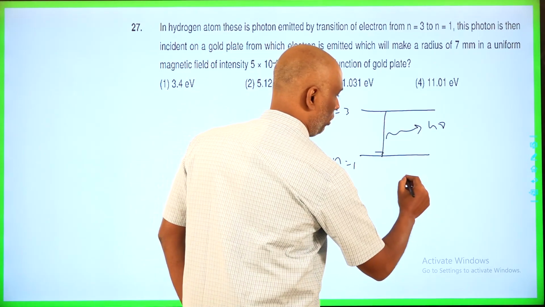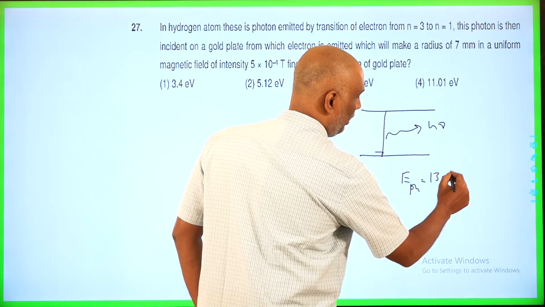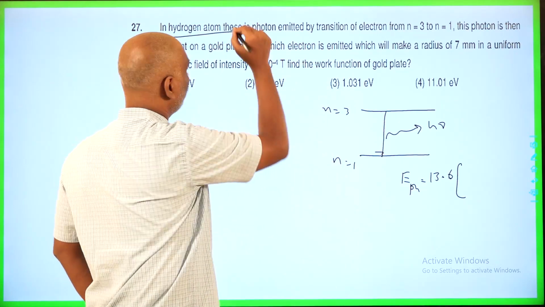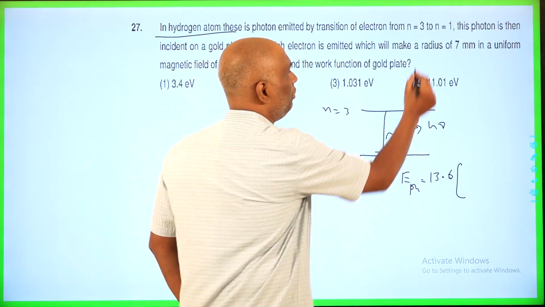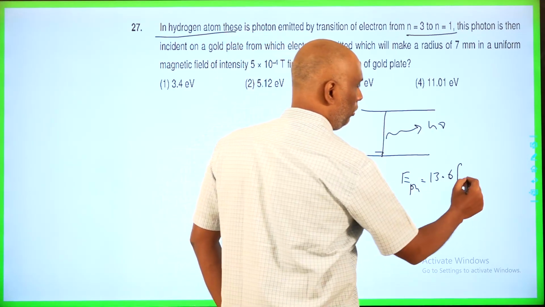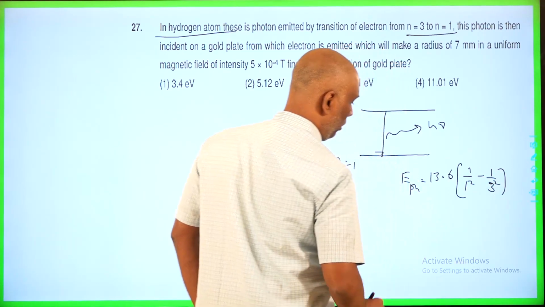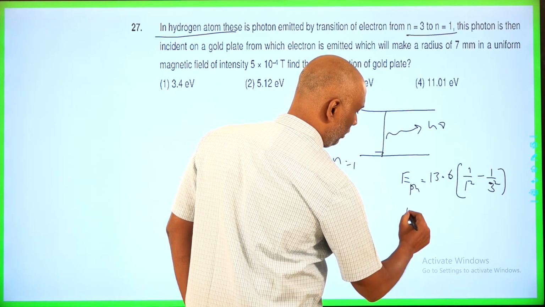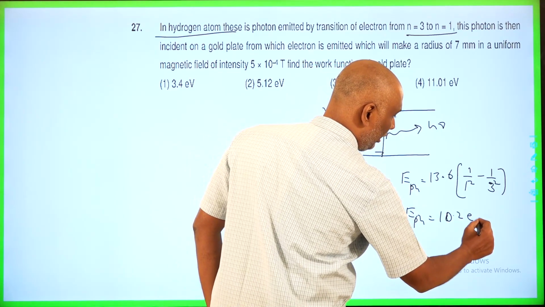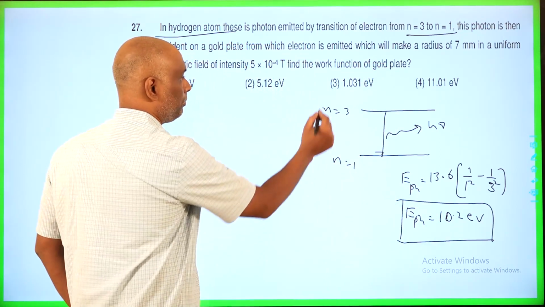The energy of the photon emitted will be 13.6 into (1 divided by 1 square minus 1 divided by 3 square), because it is a hydrogen atom. From this equation we get the energy of the photon as around 10.2 electron volt.